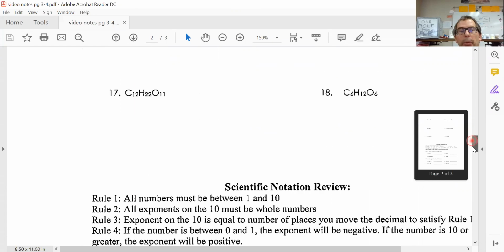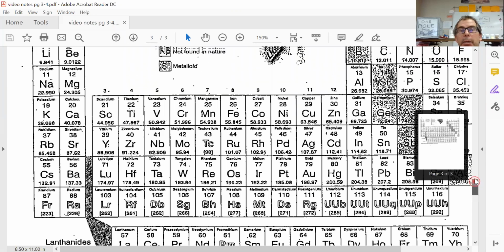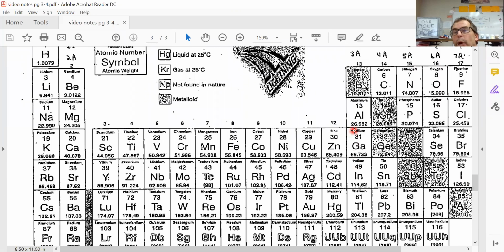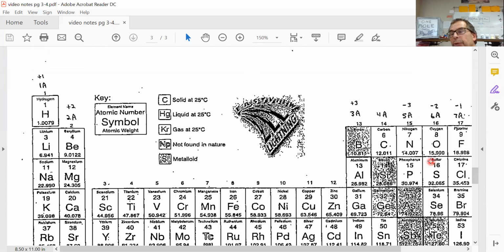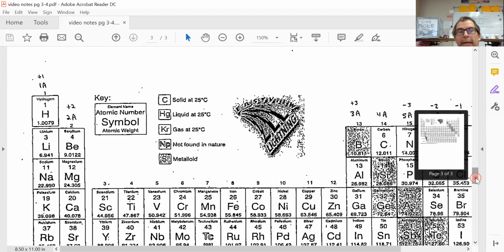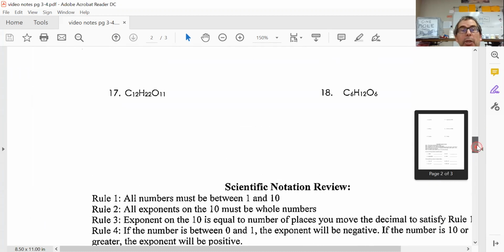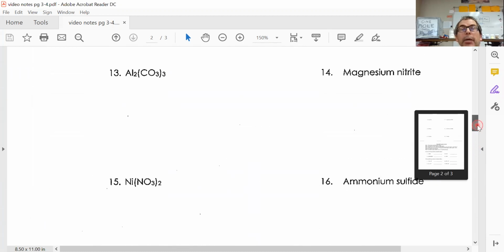And we got aluminum coming in at 26.98. I don't round that to 26, I round it to 27 or 27.0. Carbonate is a C, which is 12.0. And oxygen, I think, is going to be 15.999, which is 16.0. So these are all kind of nice. They're ending in zeros. Makes the math a little easier.